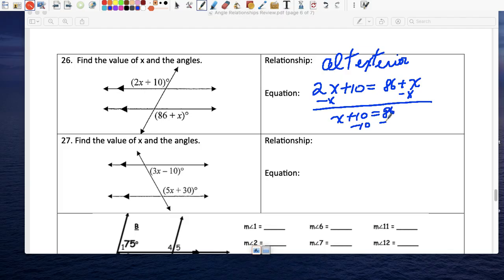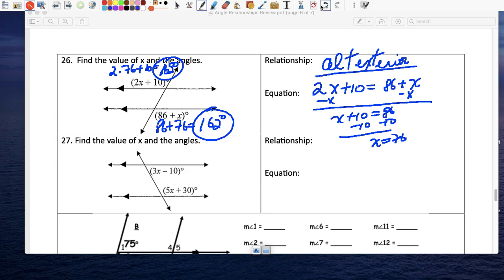Minus 10, minus 10. x equals 76. All right, so here 86 plus 76 is going to be 162. Hopefully we get the same thing on this side. It's 2 times 76 plus 10. 152 plus 10 is 162. And they have the same value, and they should because they're alternate exterior.